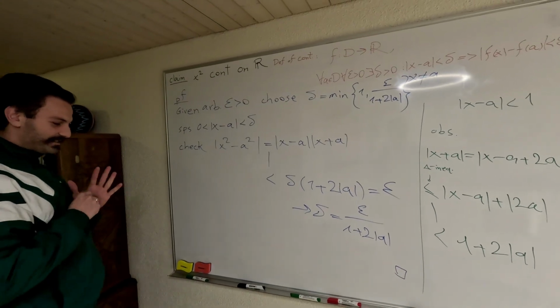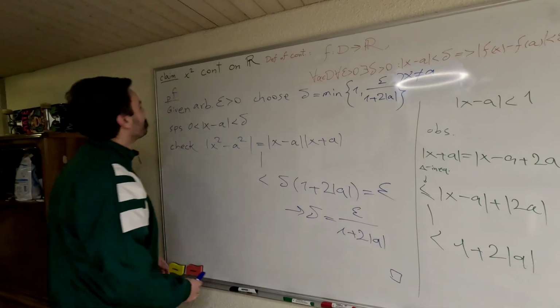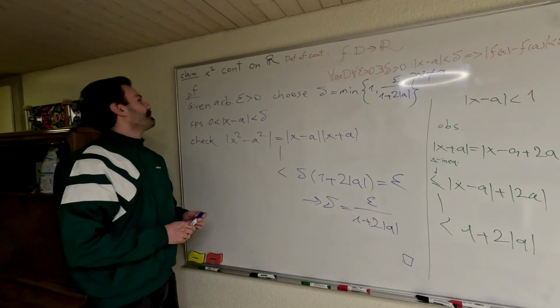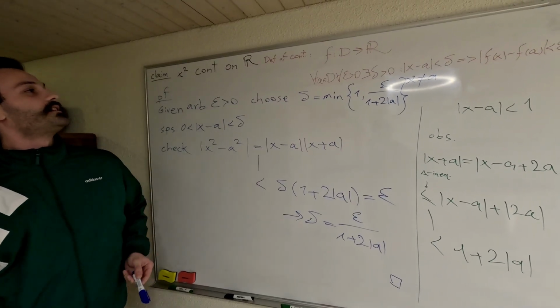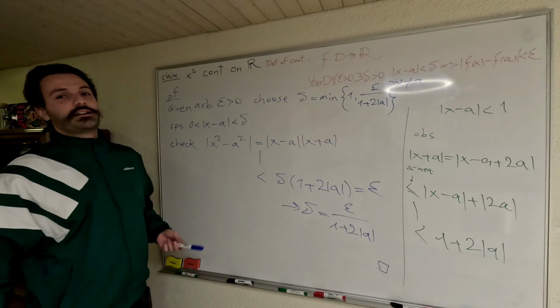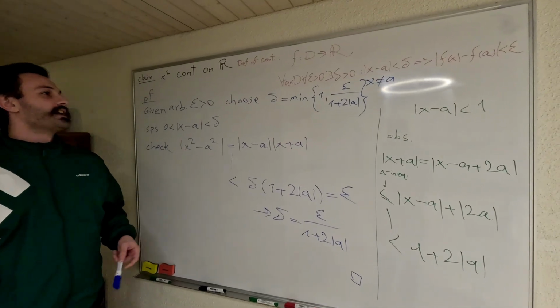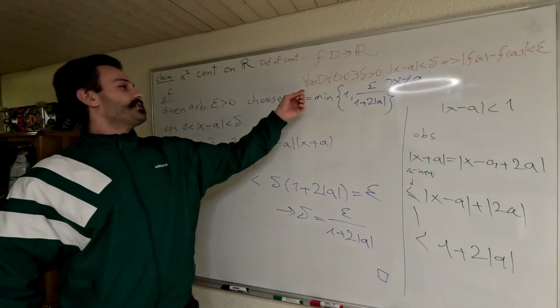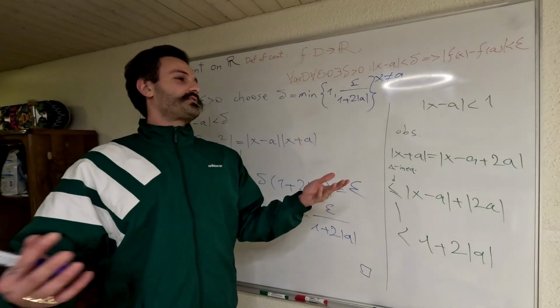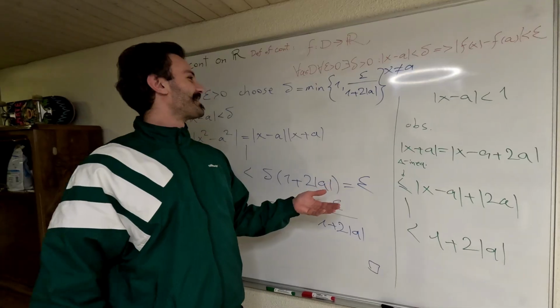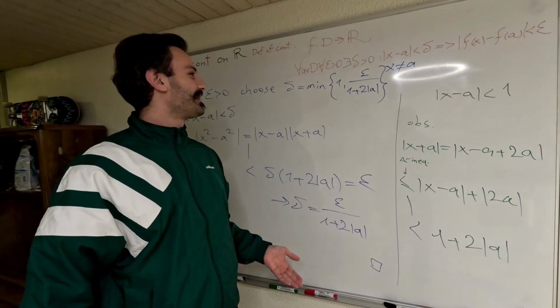Okay, let's go briefly through the whole proof again. We had a claim statement that x squared is continuous on R. For that, we need to apply the definition of continuity, and that is said for all a in our domain, for all arbitrary given epsilon greater than 0, there exists a delta.